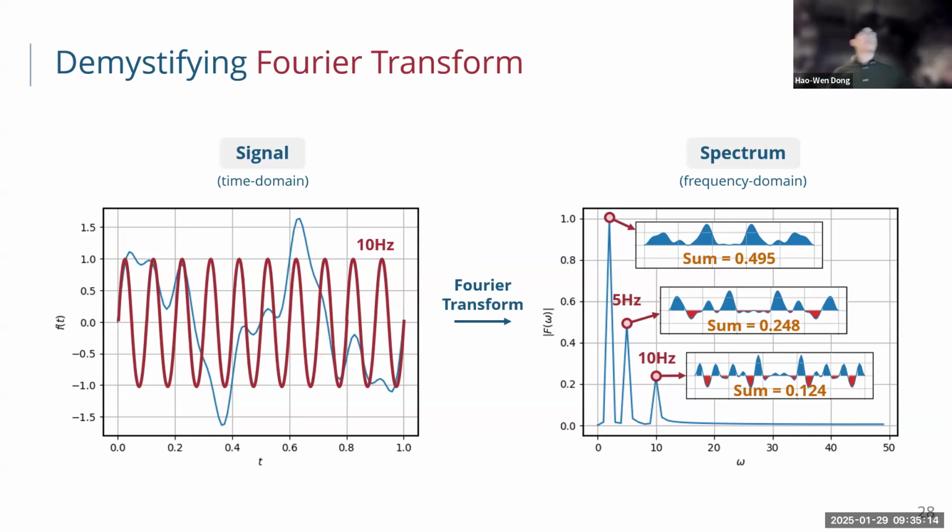Any question on this? Yep. If you figured out that it has the 10 hertz or something like that, would you subtract that from the signal and then look at the next ones, or do you just do them all separately? It's doing it separately, but it isolates that signal just by doing that product.